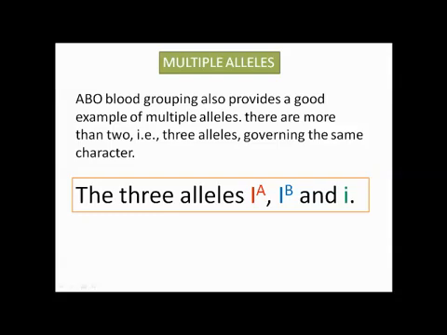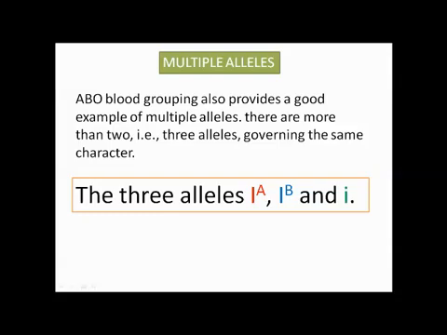The same example can be discussed in the next phenomenon, that is multiple allelism. This is the phenomenon where multiple alleles are responsible for a single character, or the same character. Here you will find that the blood group is due to the presence of three alleles, which means the three alleles are responsible for the type of blood group in a particular person.